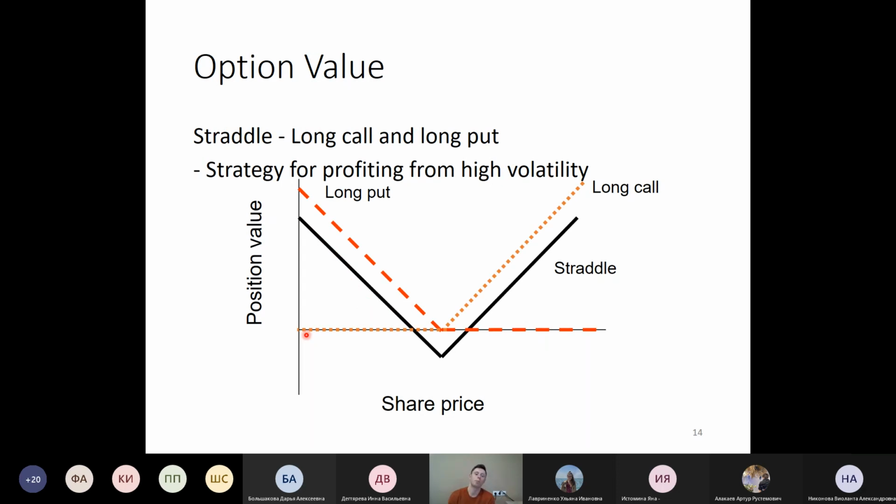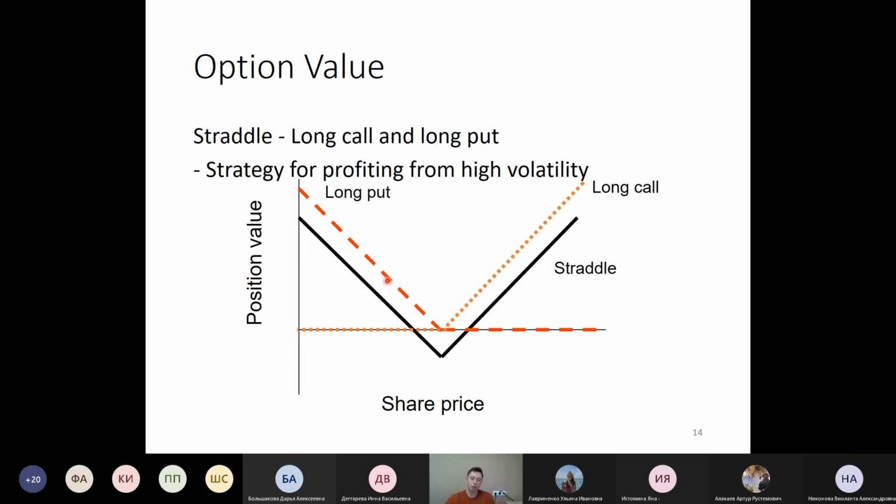Another type of strategy can be that if you do not know the direction of the movement in the price, but you are sure that the magnitude would be strong, either positive or negative, then you can have two options simultaneously, a call and a put.